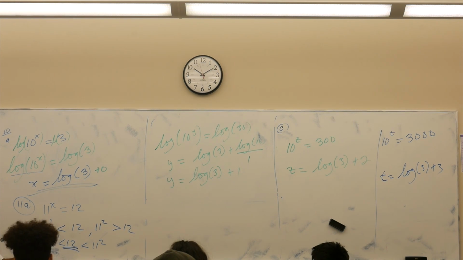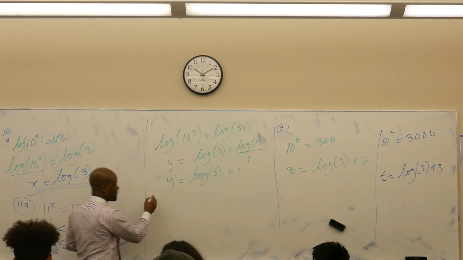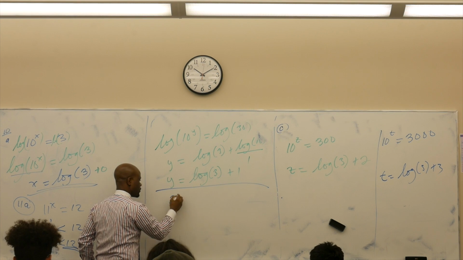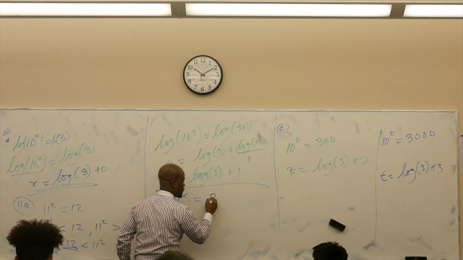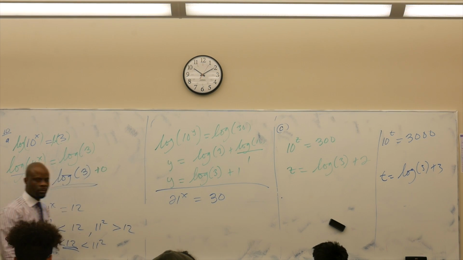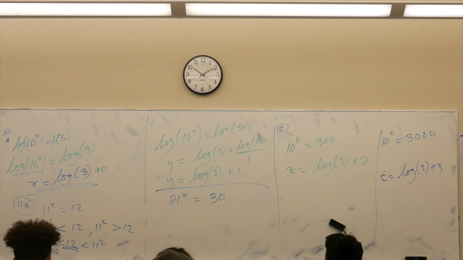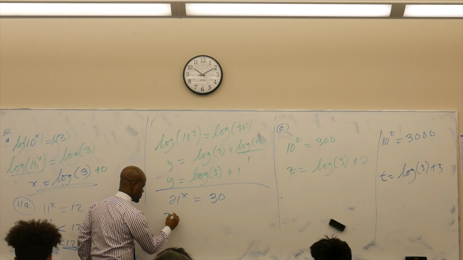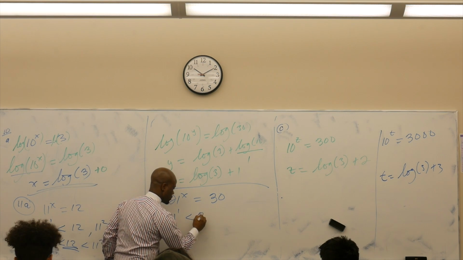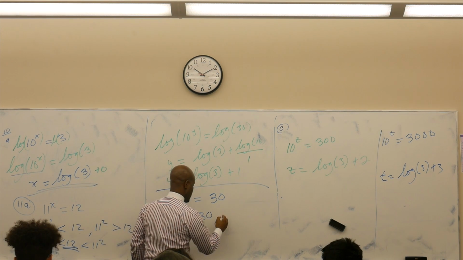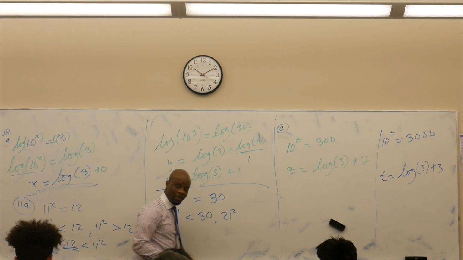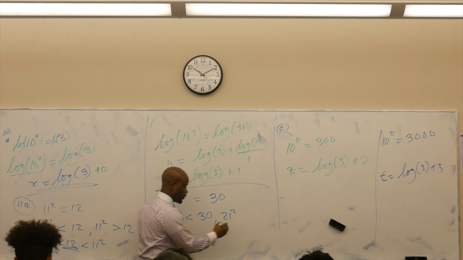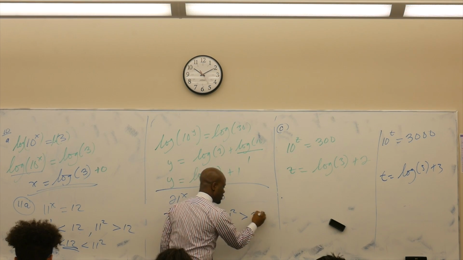21 to the x equals 30. What's 21 to the 1 power? That is less than 30, right? And 21 squared is a very big number, right? That's way bigger than 30, right?